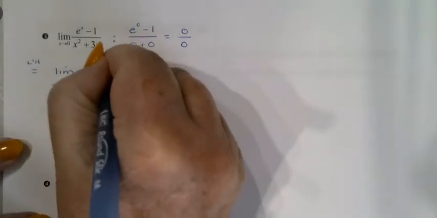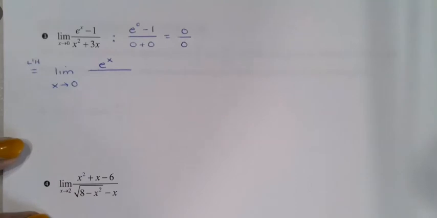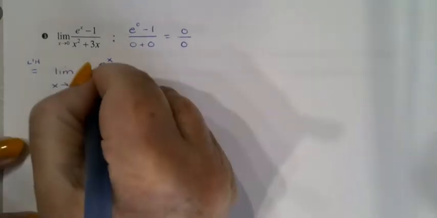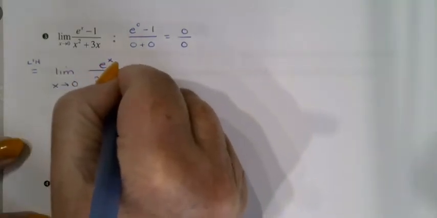Let's go ahead and do a L'Hopital's rule. If I take the derivative on the top, I'm just going to get e to the x. And the derivative on the bottom is going to give me 2x plus 3.